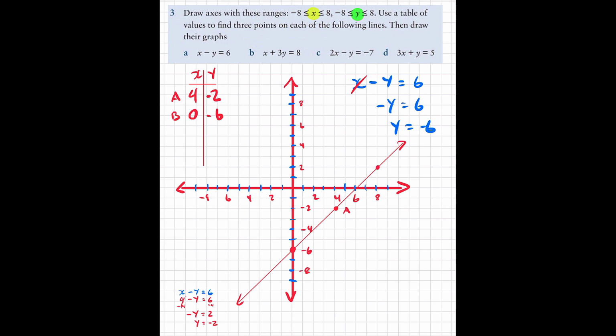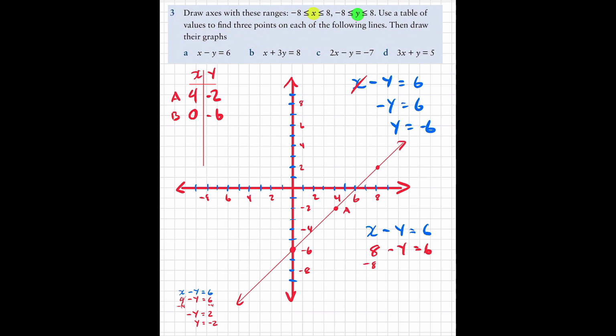Well, I see one right here. That looks like when it's at 8 in the x, it should be 2 in the y. Well, again, what am I going to do? I'm going to go to my original equation, which was x minus y equals 6. I said if 8 is the x, let's calculate y. So 8 minus y equals 6.